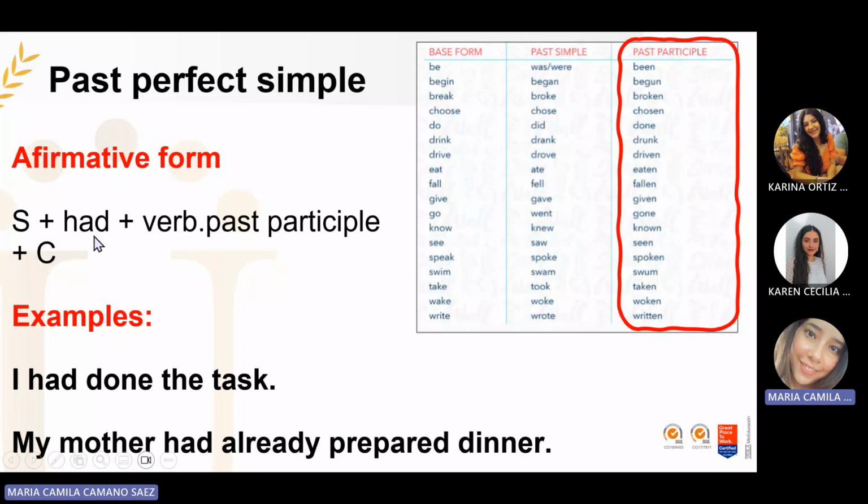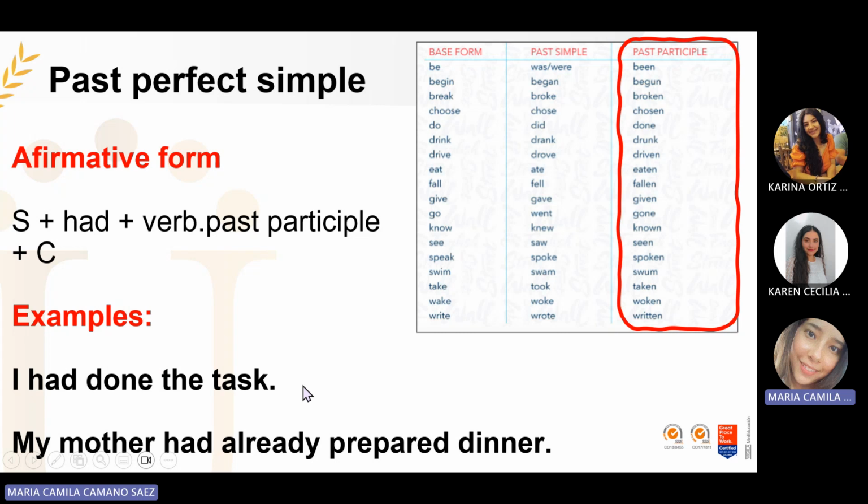This auxiliary verb doesn't change with the subjects. It is the same for all the subjects. And then the verb in past participle form and the complement.